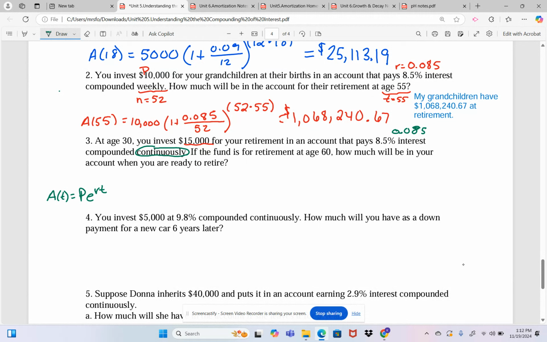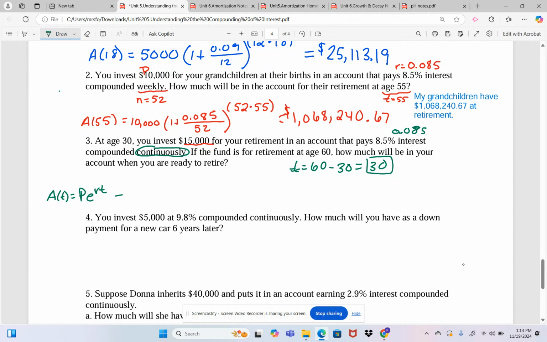This is the continuous compound interest formula. If the fund is for retirement at age 60, how much will be in your account when you're ready to retire? So we didn't start putting the money into our account until 30. So our T is 60 minus 30.